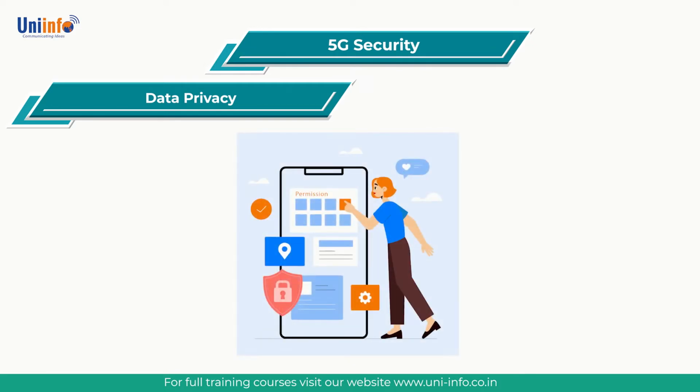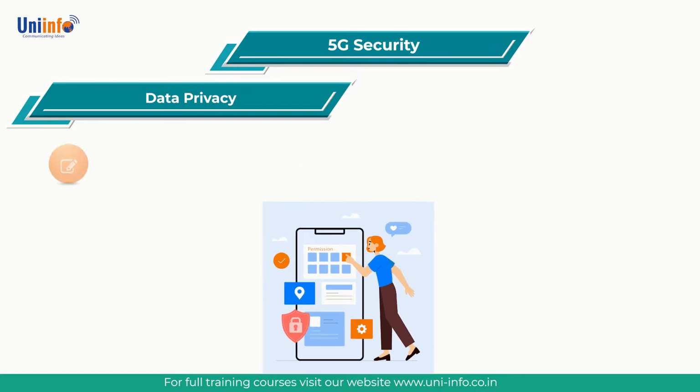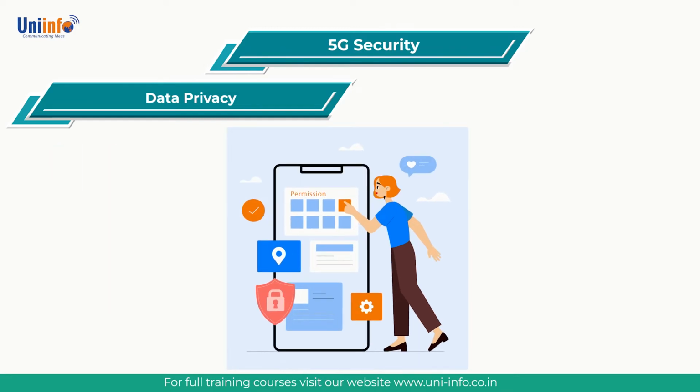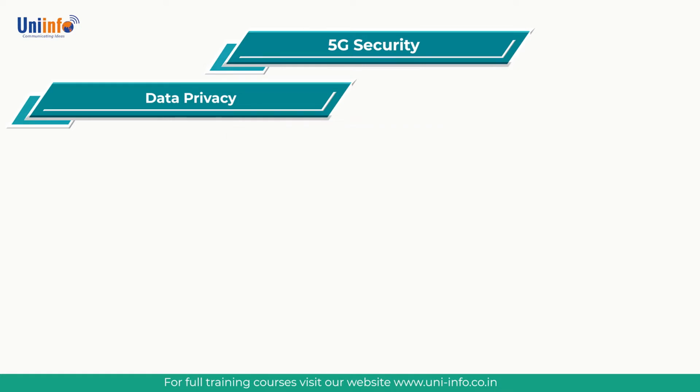Several smartphone applications, or apps, for example in Android, ask for certain information before installation. Mostly, the information for which the app wants permission does not have any direct relation to the service of that particular app. This data can be used for other purposes which are undefined by the app developers.